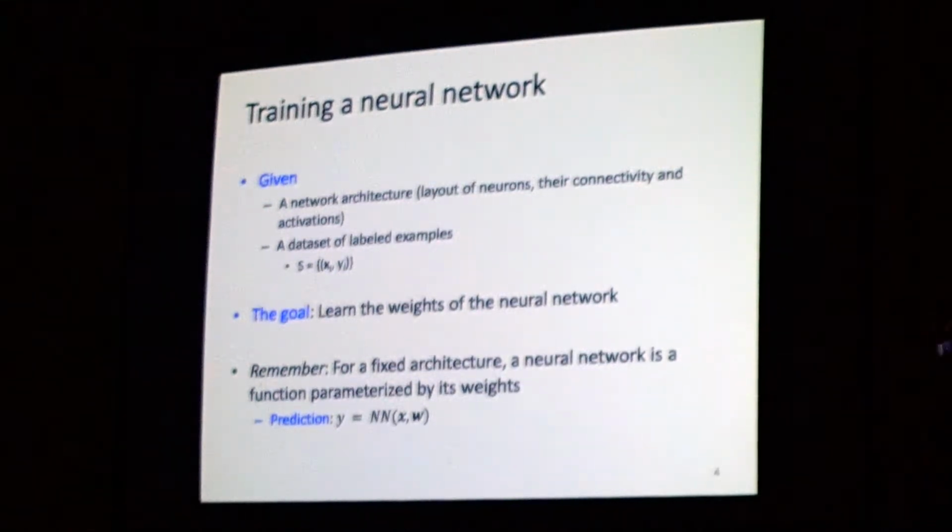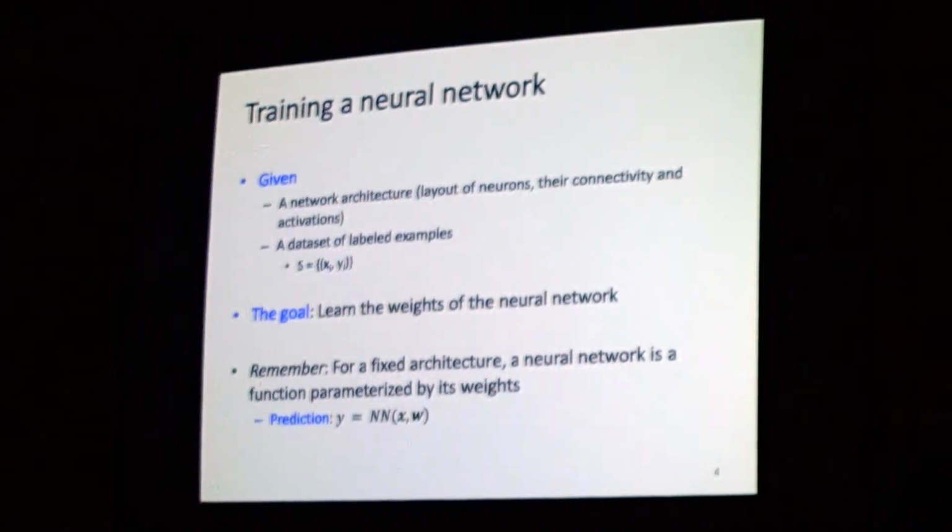So all this model has already been clearly specified. And then we have collected a data set of labeled examples. So the data set is essentially pairs of the input vector xi and output label yi. Y can be binary or can be continuous, whatever. It depends on the task. Then the goal is to learn the weights of the neural network from data.